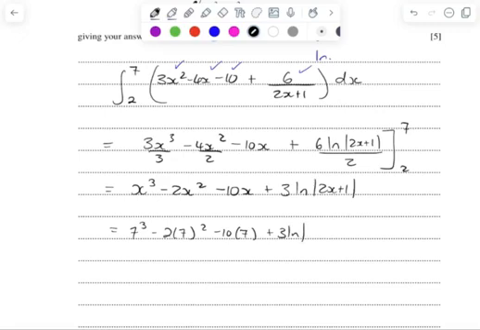Now we're going to plug in a 7. Two times 7 is 14, plus 1 is 15. I'm just going to do that all in one. And I'm subtracting, and then I'm going to plug in my 2. Plus 3 ln 2 times 2 is 4, plus 1 is 5.